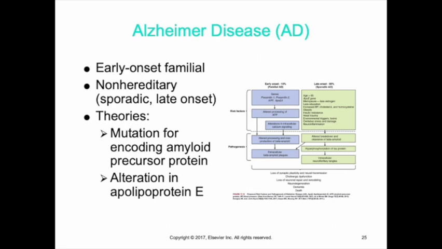So what happens when we're not able to process and clear the amyloid precursor proteins? If we're not able to do this, it's going to result in accumulation of very toxic fragments of amyloid beta proteins that contribute to the development and the progression of Alzheimer's disease. Also, misfolded and aggregated amounts of proteins can trigger an immune response with activation of cells with the release of cytokines that will lead to inflammation.